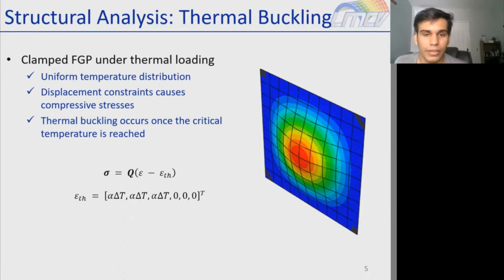Take this plate, clamped on 4 edges; by increasing the temperature, the plate may expand. Since we have constraints on displacements at the edges, it causes compressive stresses, and at a critical temperature, the plate may buckle. This critical temperature is the output of the analysis that we want to use in the optimization.